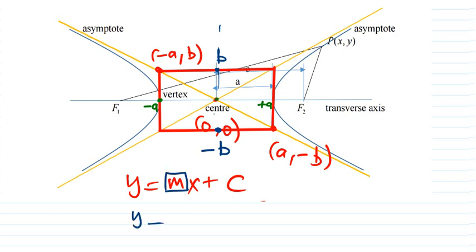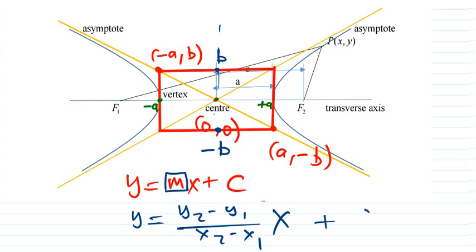The gradient is y2 minus y1, the change in y divided by the change in x, attached to x, will give us the first part, plus our constant c. Now for our lines that cut through the center, for the c we're just going to have a 0, so no need of us wasting a lot of time there.